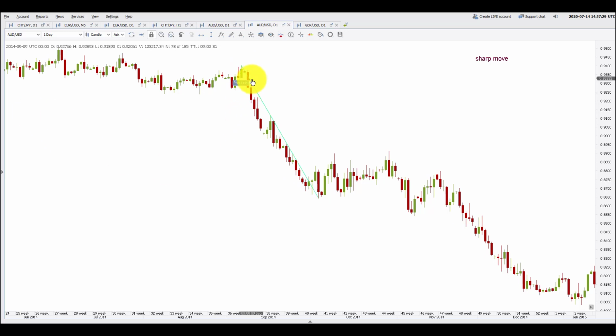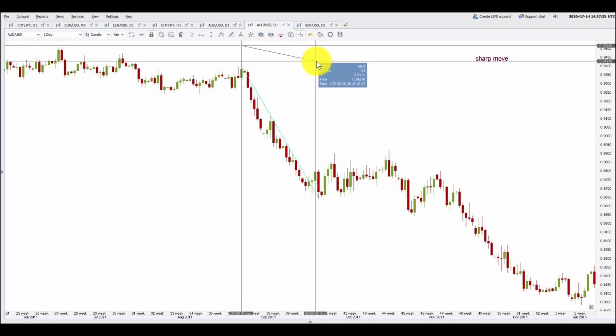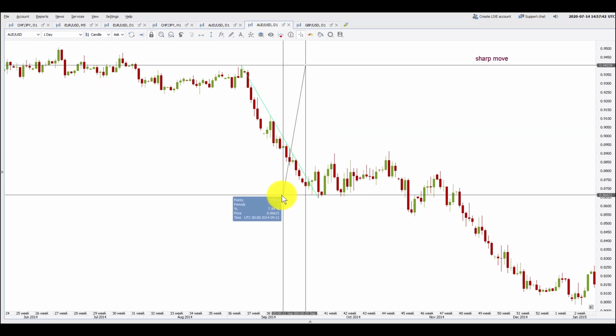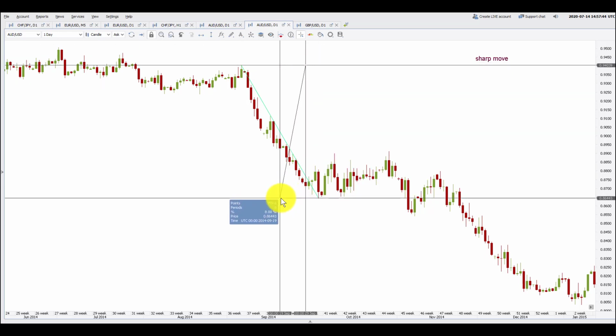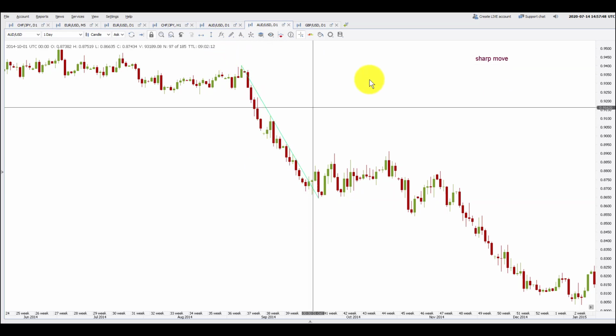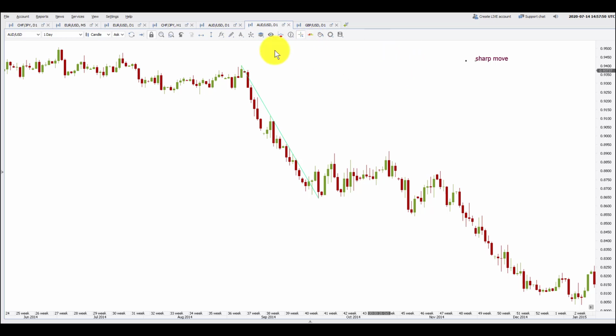Can you see? It went very sharply within a very short span of time. It took only 24 candles to give a move of approximately 760 points. So this is called a sudden sharp move. This is our first requirement.